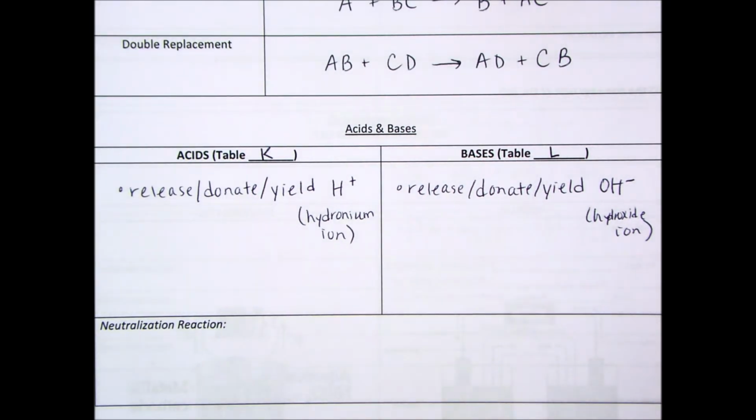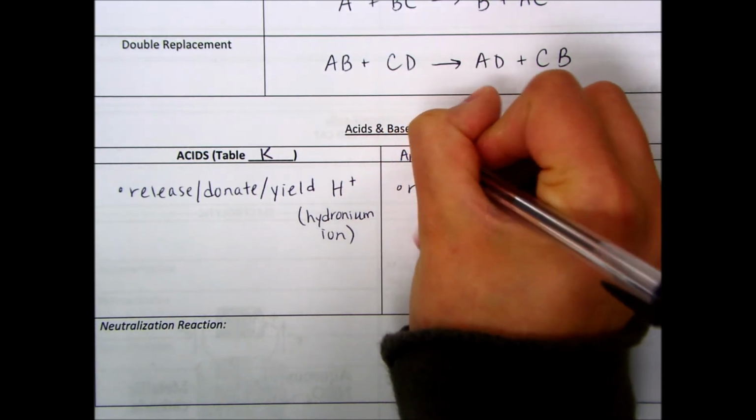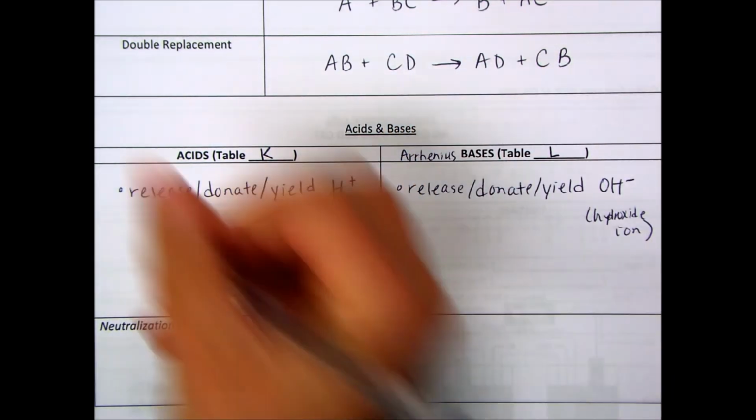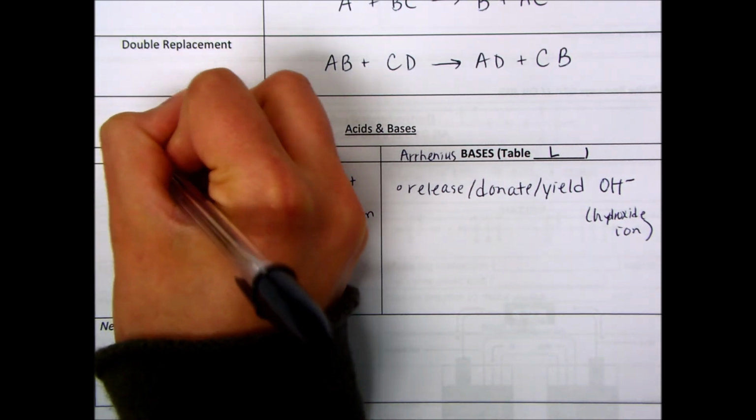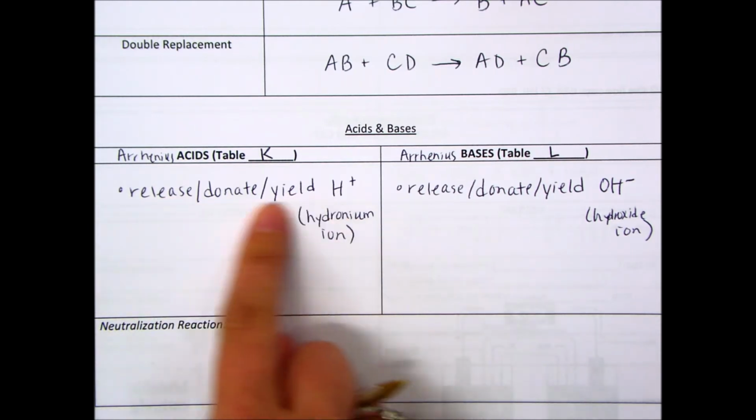So there's our definitions of acids and bases according to Arrhenius. So if you see that word, don't let it scare you, that's just the name of the scientist who developed this theory, this understanding of acids and bases and how they behave when they dissolve in water. The alternate theory matches this for the acids.